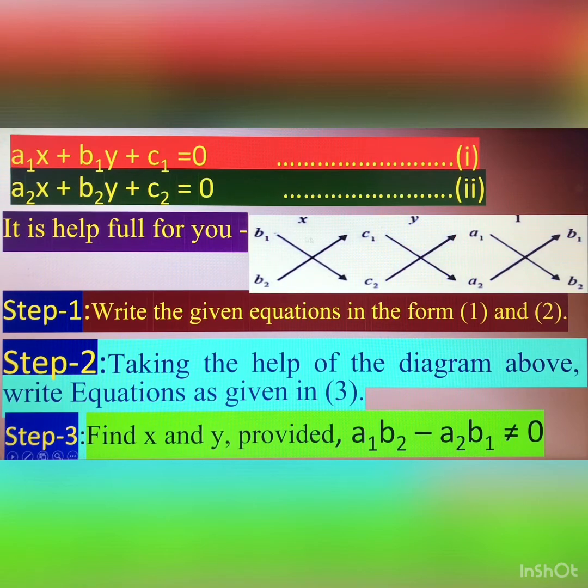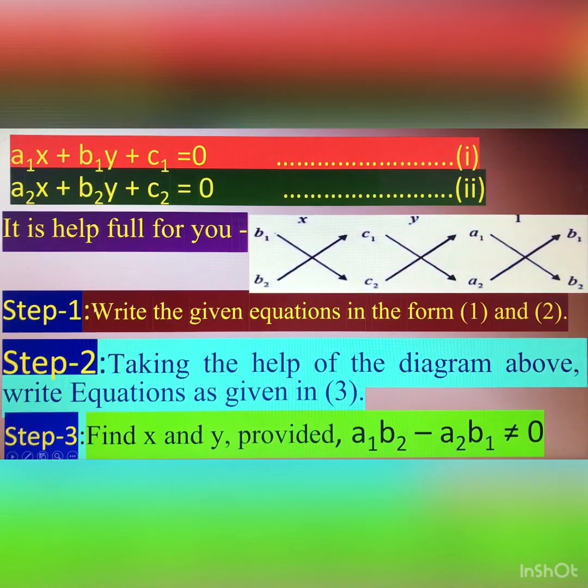So x divided by b1 c2 minus b2 c1, and here is y. So y divided by c1 a2 minus c2 a1, because this arrow is just opposite. After that 1 upon, the last one is the constant, so you will write 1 upon a1 b2 minus a2 b1. So this diagram will help you.